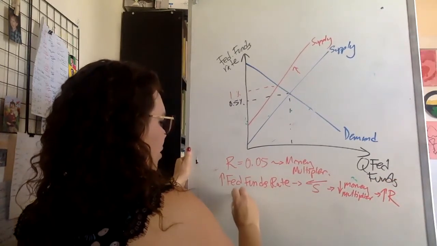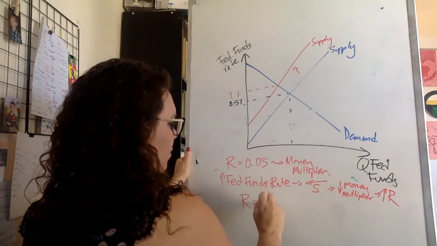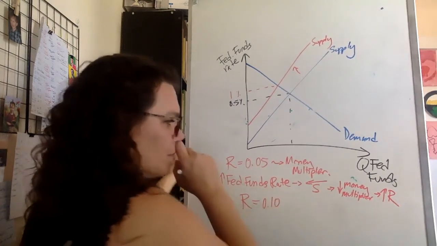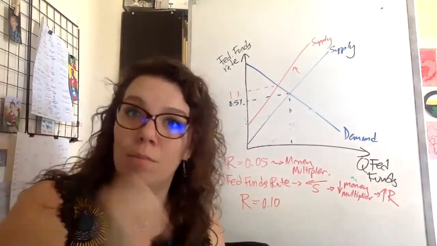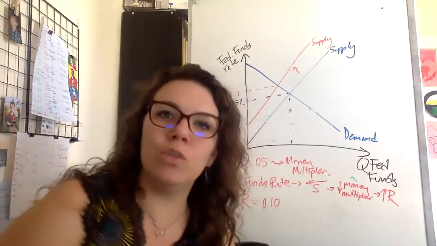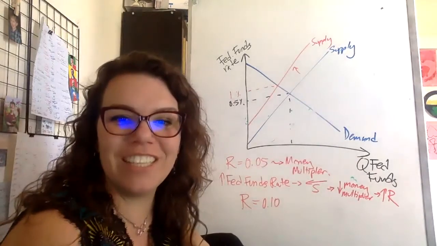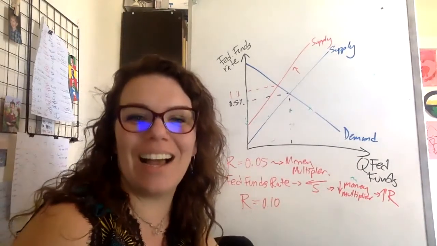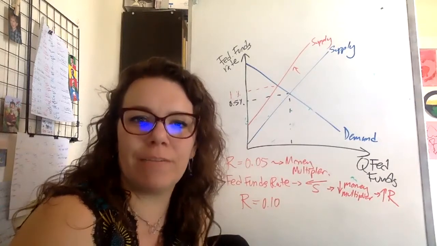So maybe I want to turn the reserve ratio requirement to 10%. That's going to reduce the money multiplier, reduce how much money banks can loan out, reduce the money supply, shift that supply of loanable funds in, and get us to a higher federal funds rate, a higher interest rate.